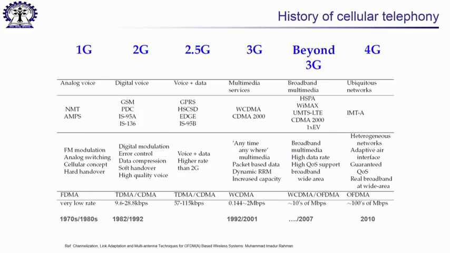So, this particular slide summarizes the different technologies along with some of the timelines. As we go from 1G to 4G, we see that analog modulation slowly moved towards digital modulations. The access technique moved from time division multiple access to code division multiple access. Then there was wideband code division multiple access, and when things moved towards 5G, there was orthogonal frequency division multiple access.